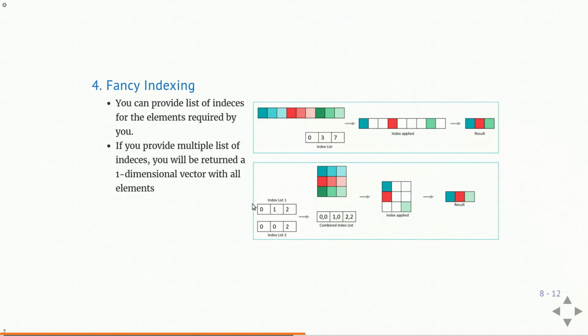We'll pass these 2 lists to the NumPy array as fancy indexing lists, and NumPy will make pairs from the corresponding elements of these lists and use these pairs for indexing into the original ND array to return us a 1D array.